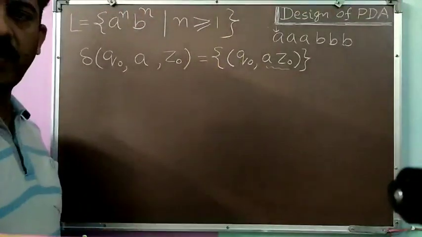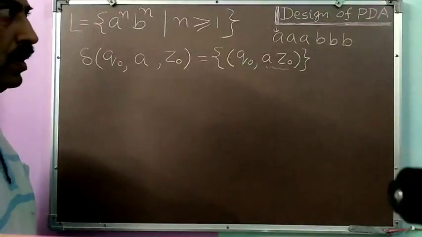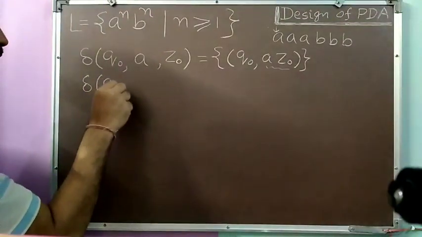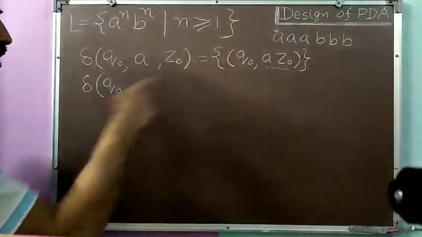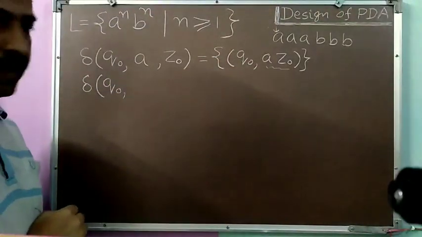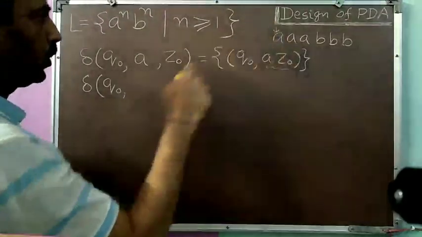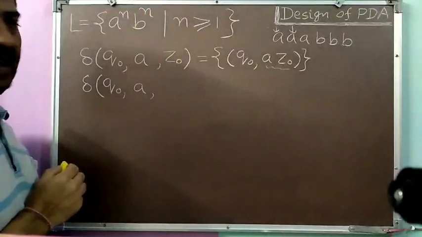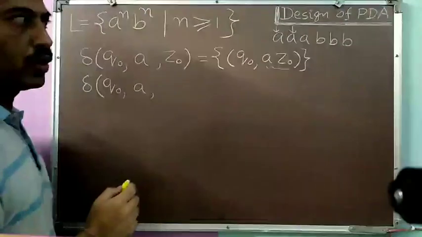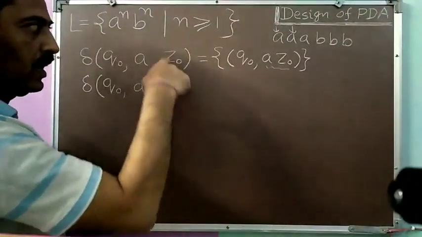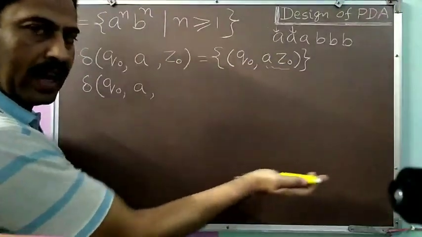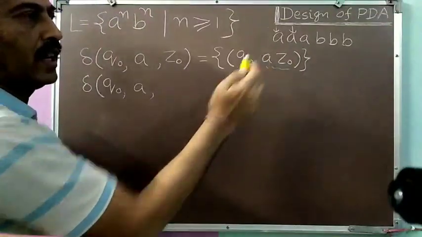Now after taking this first transition, what will be the situation? The situation will be something like this: delta. We have not changed the state, so our state will be Q0 only. In the input we are again getting an A. And on the top of the pushdown store, previously it was Z0, but now because we have pushed AZ0, Z0 will be at its place, and over it one A has been pushed.